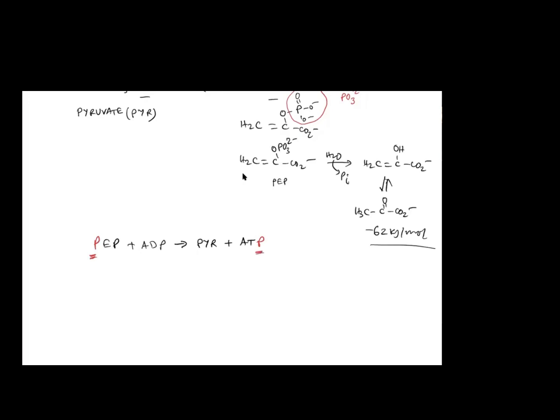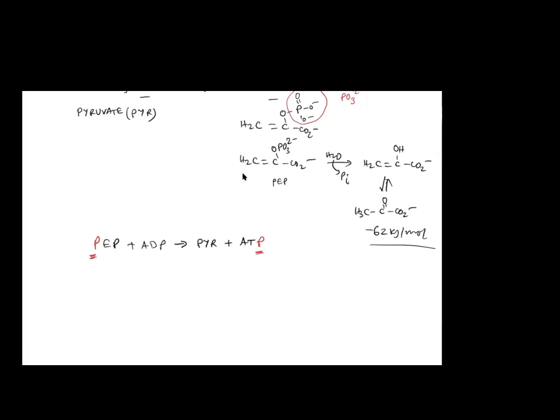So essentially you are making ATP from PEP because PEP is a higher energy phosphate compound than ATP. So this is one of the steps in glycolysis. If you remember the chart we did last class, we make 2 ATP directly from glycolysis, and this is one of those steps.